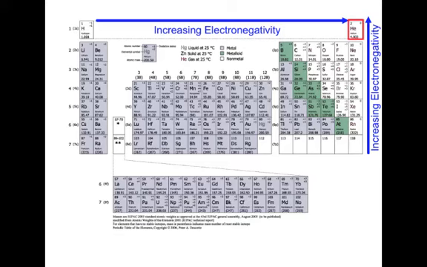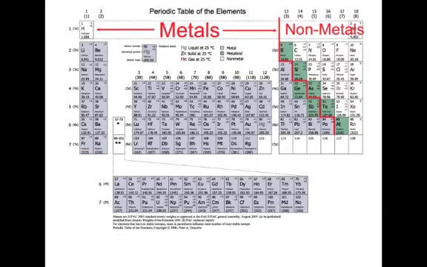Helium ultimately has the greatest electronegativity, and francium down in the bottom left would therefore have the lowest electronegativity. But what this means for metals and nonmetals is that metals have lower electronegativity than nonmetals do, which means nonmetals will tend to attract the electrons of metals.